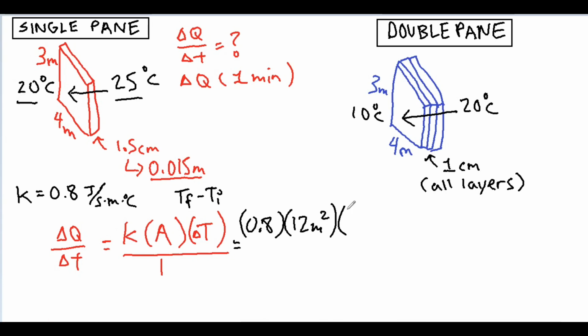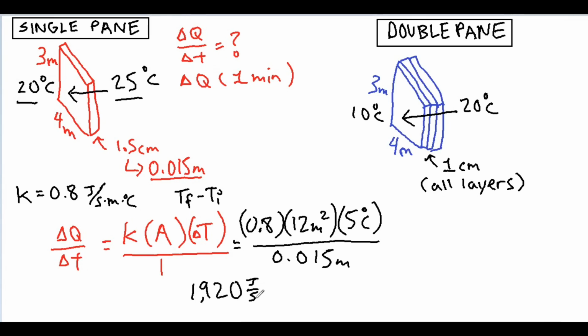So 25 minus 20 is 5 degrees Celsius as our delta T. And our L value represents the thickness, which we converted to 0.015 meters. So we multiply the 3 numbers across for our numerator and then divide by 0.015. Then we get a value of 1,920 joules per second. Okay, so that is our first solution.